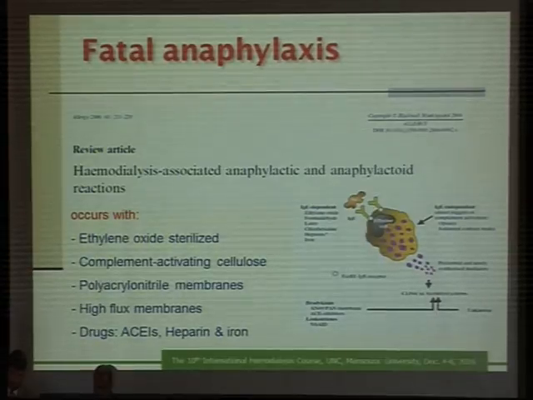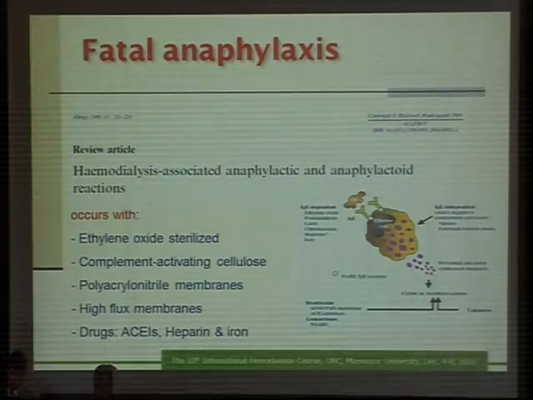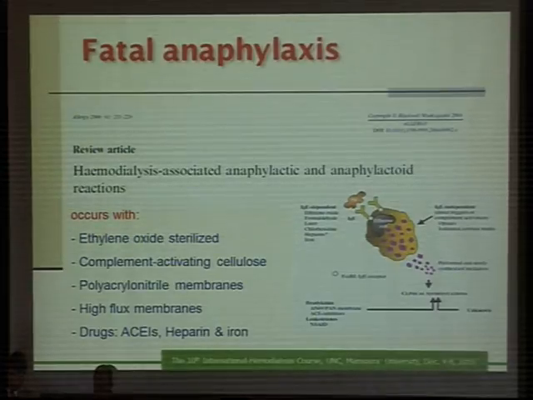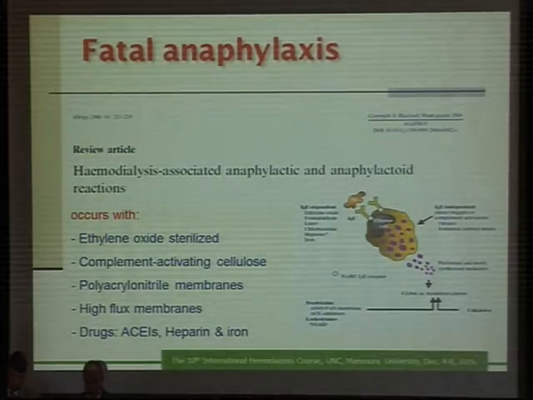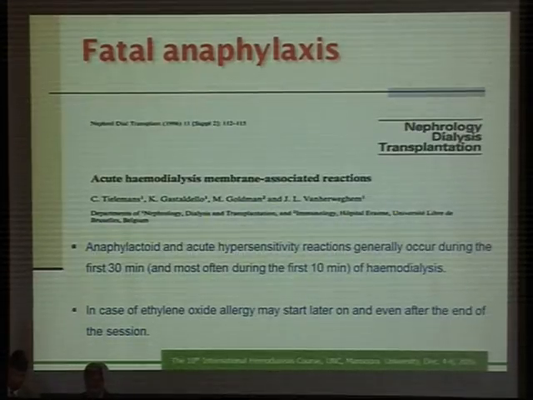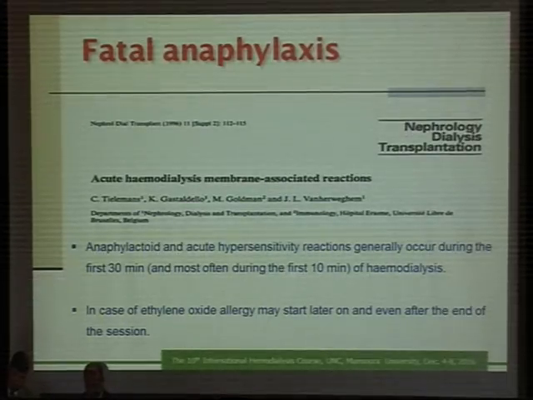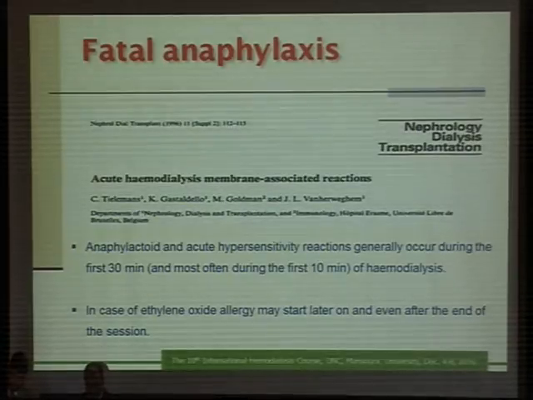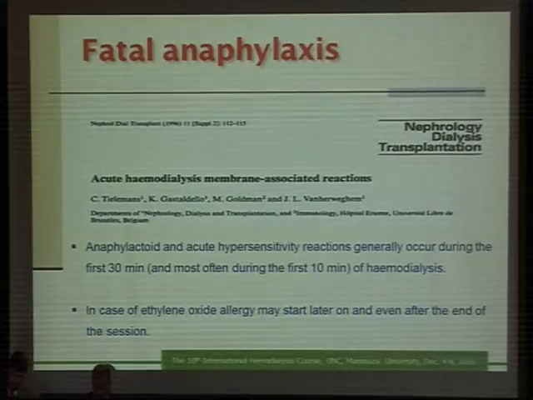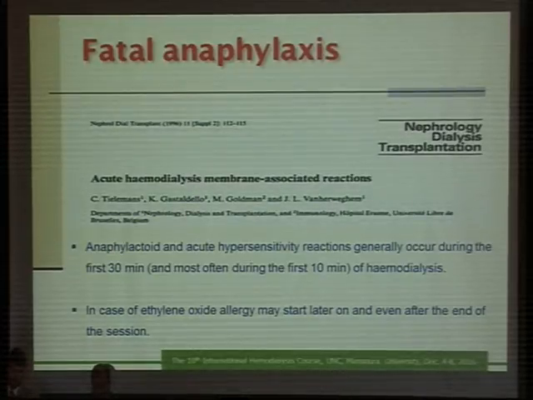It could occur with ethylene oxide sterilized dialyzers, the complement-activating cellulose membrane, the use of high flux membrane, and some drugs like heparin, iron, ACE inhibitors, etc. It usually occurs in the first 30 minutes from the start of the dialysis session, usually in the first 10 minutes, except in cases of ethylene oxide allergy that may start later or even after the end of the session.